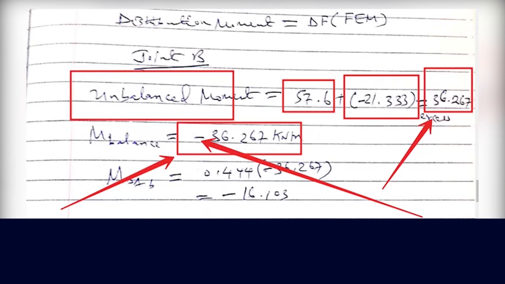So at equilibrium, we should have a negative opposite moment of about 36.27 kilonewton meter. So take this excess moment, which is negative, times the distribution ratio. For the left one, the ratio is about 0.444. Now times the value of negative 36.27.